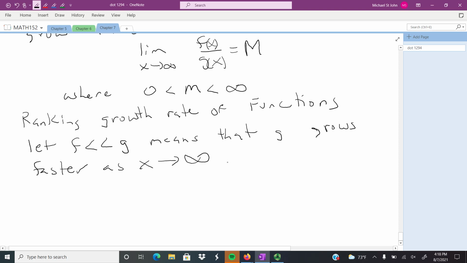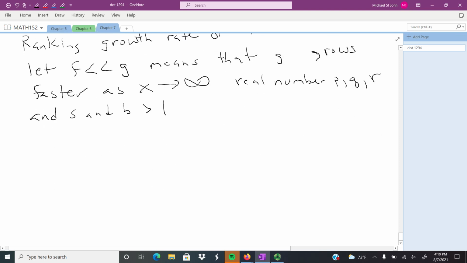And we have, and we'll see, we have real numbers P, Q, R, and S and B are greater than 1. Right?